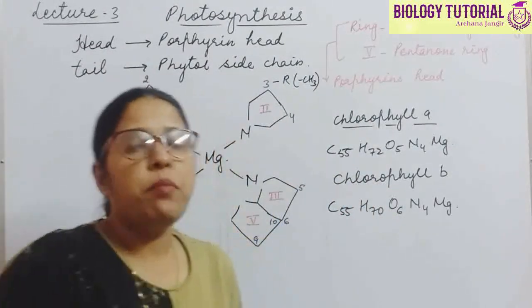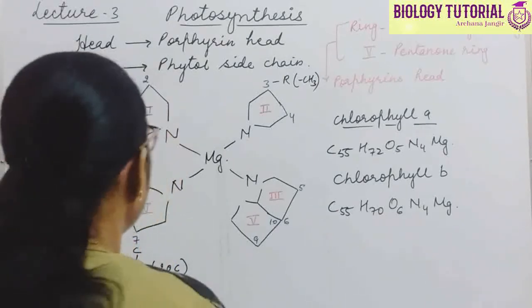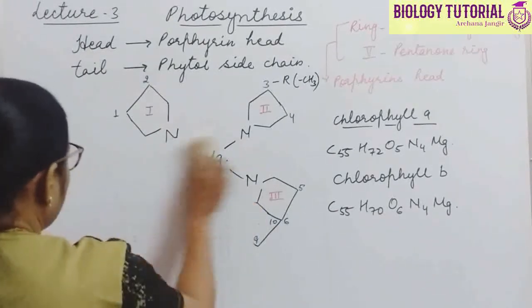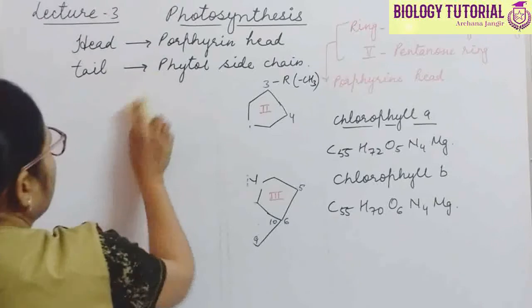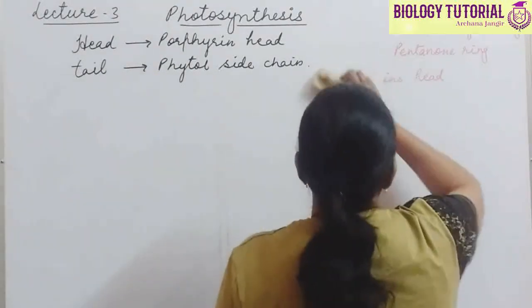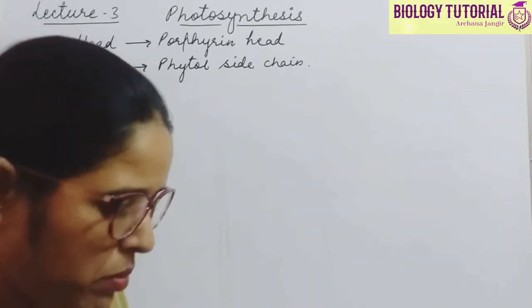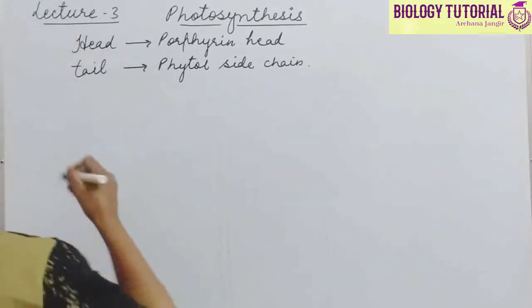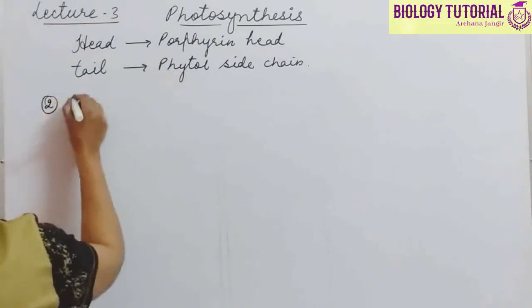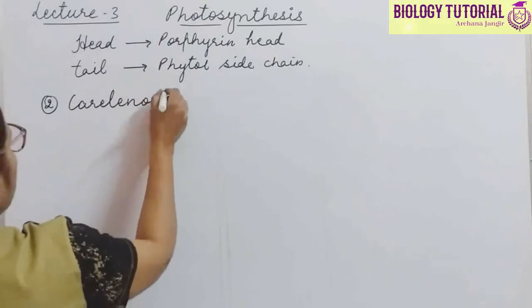The next important pigments are carotenoids. The second pigments are carotenoids.